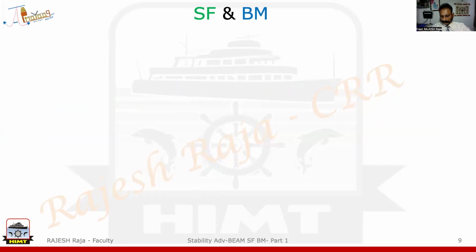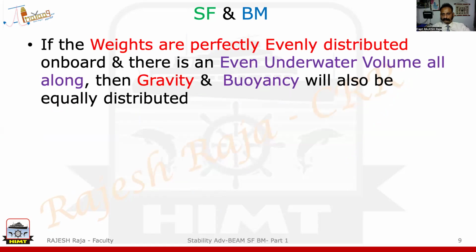Now, this creates a small problem. So before I go to that, let us just say what is perfect condition. If all the weights in the holds are exactly same, then all the force of gravity is also exactly the same. And let us say you have exact similar distribution of underwater volume.